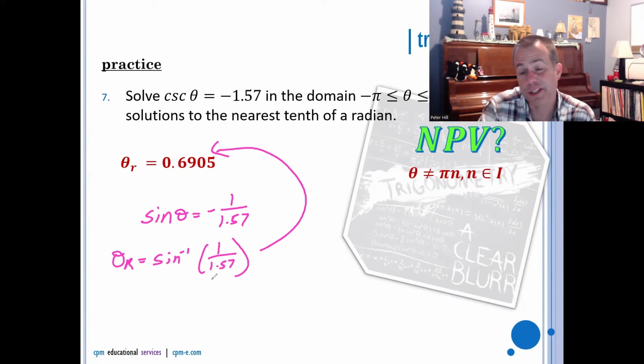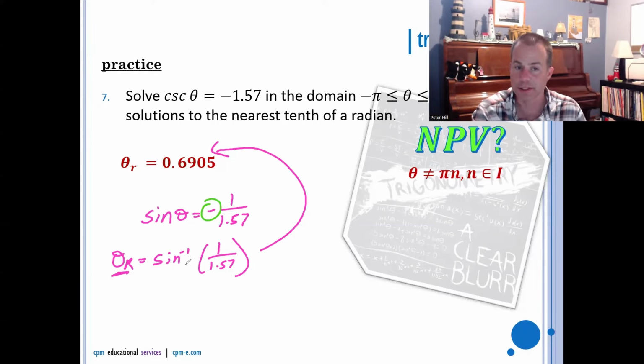Couple of things I want to just reiterate with you. You probably already know them, but I don't know who you are, so I just want to make sure everybody's cool. So when I go to get the reference angle, I'm always inversing or inverse signing or arc signing the positive version. I never handle this negative when I'm going to figure out the reference angle.